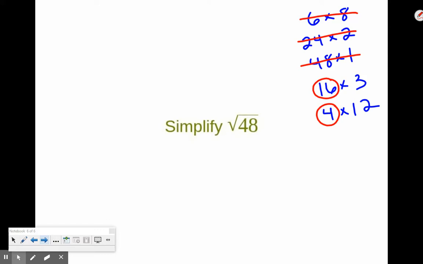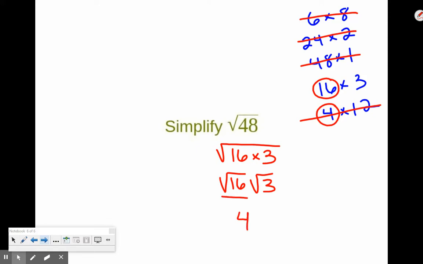So 16 is the one I'm going to use because 16 is bigger. I'm going to rewrite this as 16 times 3, so I have the square root of 16 times the square root of 3. Square root of 16 is just 4, so 4 times the square root of 3.